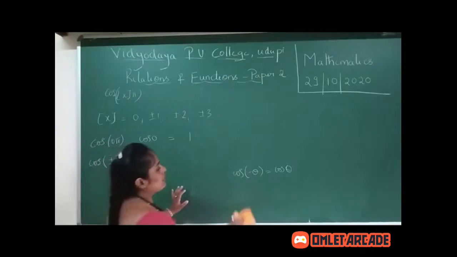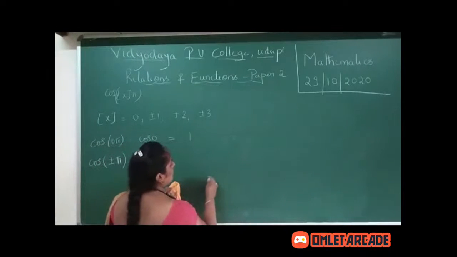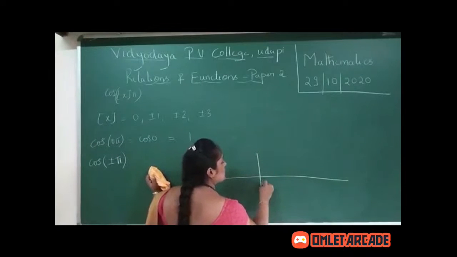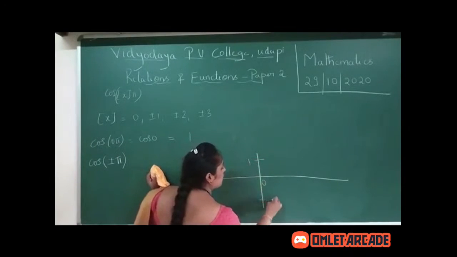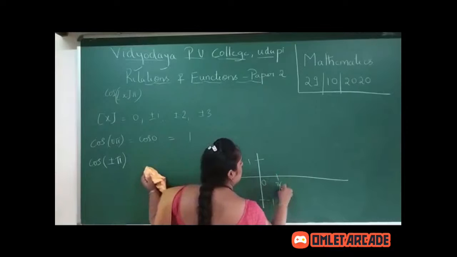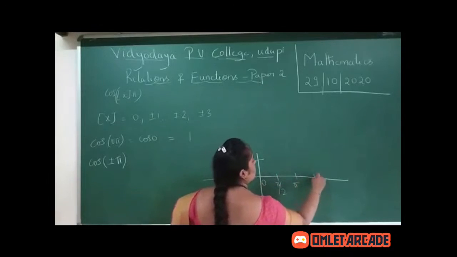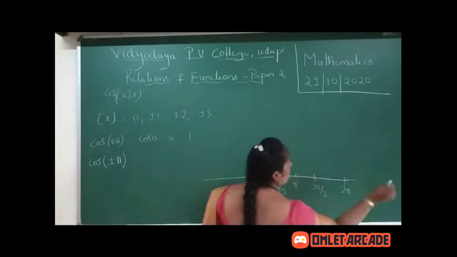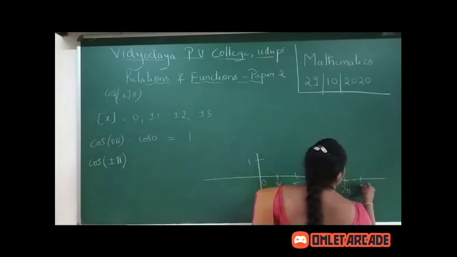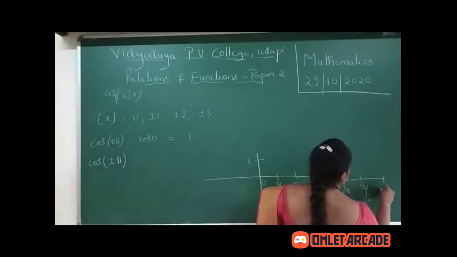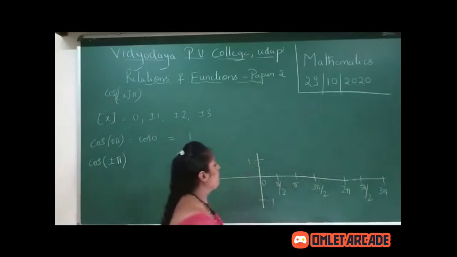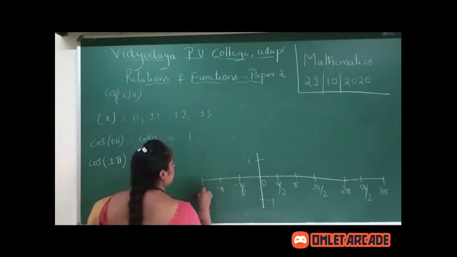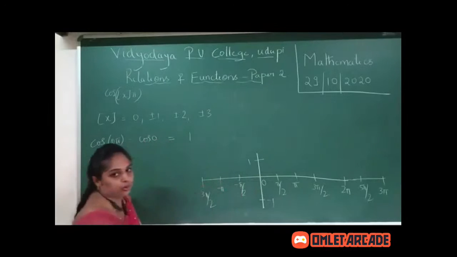Okay, so if you want this, I'll draw once. This is 0, 1, minus 1, pi by 2, pi, 3 pi by 2, 2 pi, 5 pi by 2, 3 pi, and so on. Here also minus pi by 2, minus pi, minus 3 pi by 2, and so on.